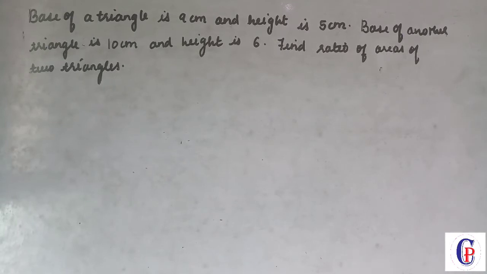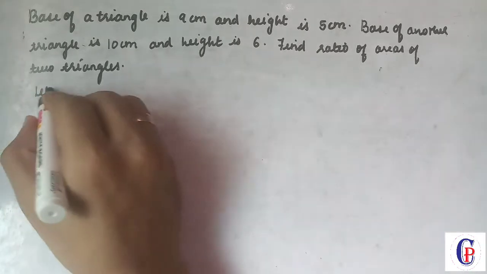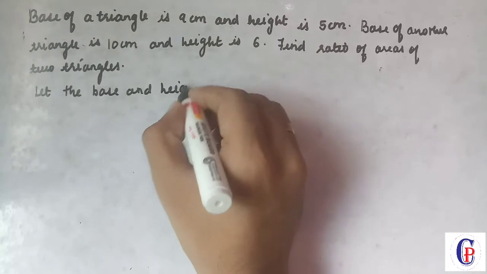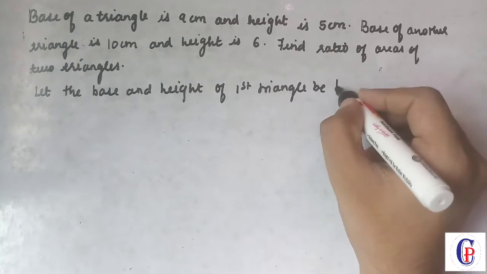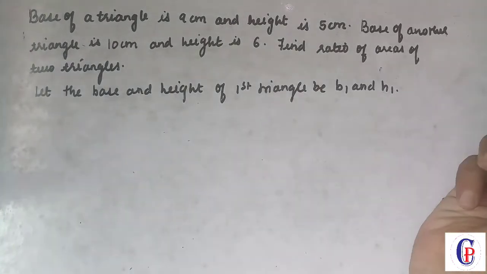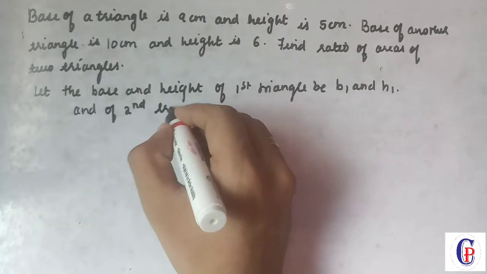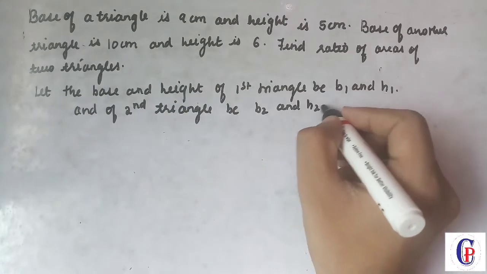You can see in the question that neither the height is the same nor the base is the same. So first of all, let the base and height of the first triangle be B1 and H1, and of the second triangle be B2 and H2.